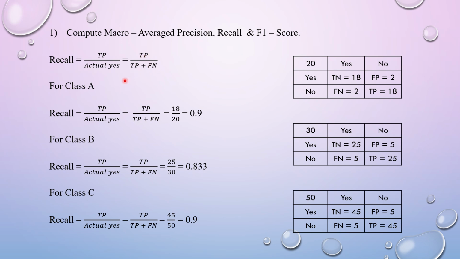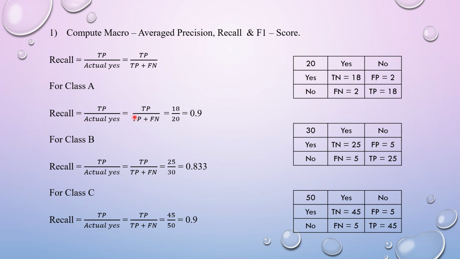And the formula to calculate precision is true positive divided by predicted yes. So here this is the confusion matrix for class A, this is for class B, and this is the confusion matrix for class C. So for class A, recall is equal to TP divided by TP plus FN.